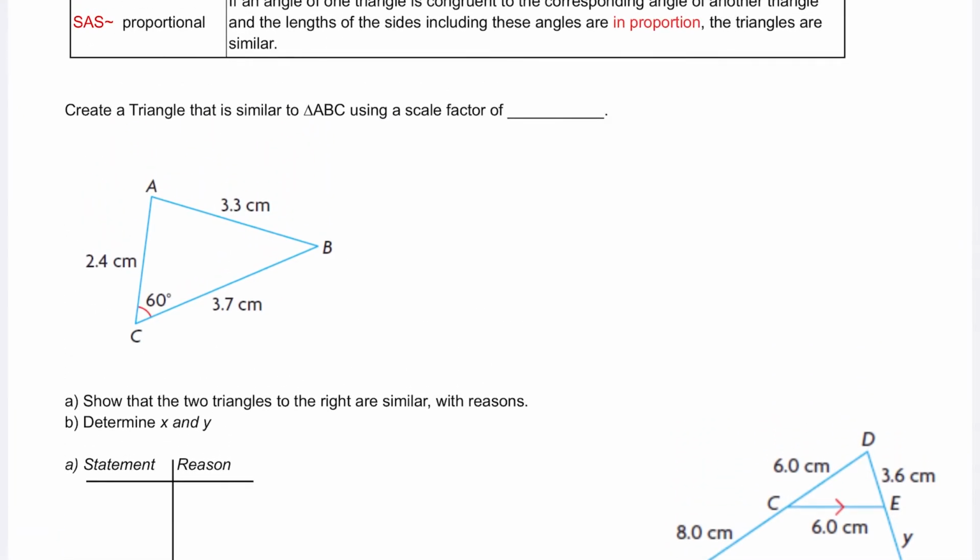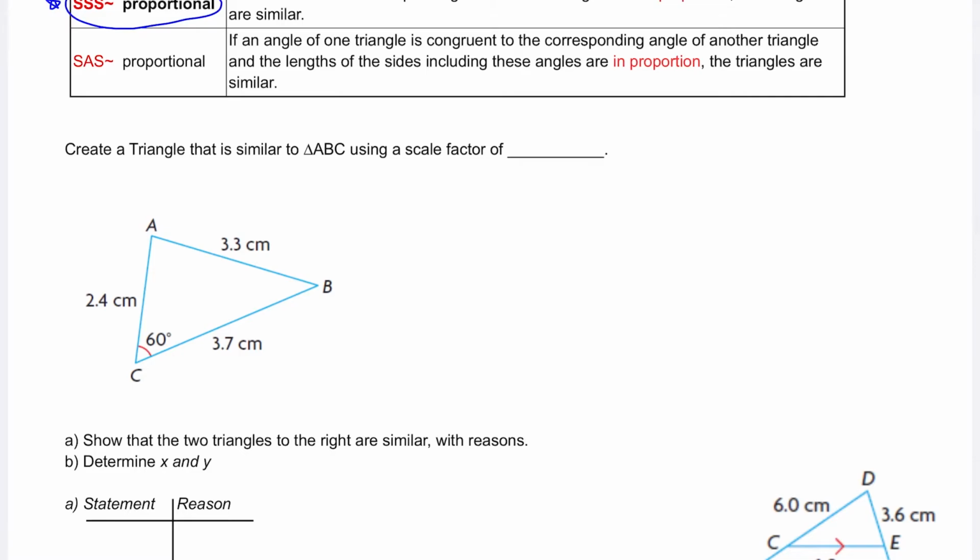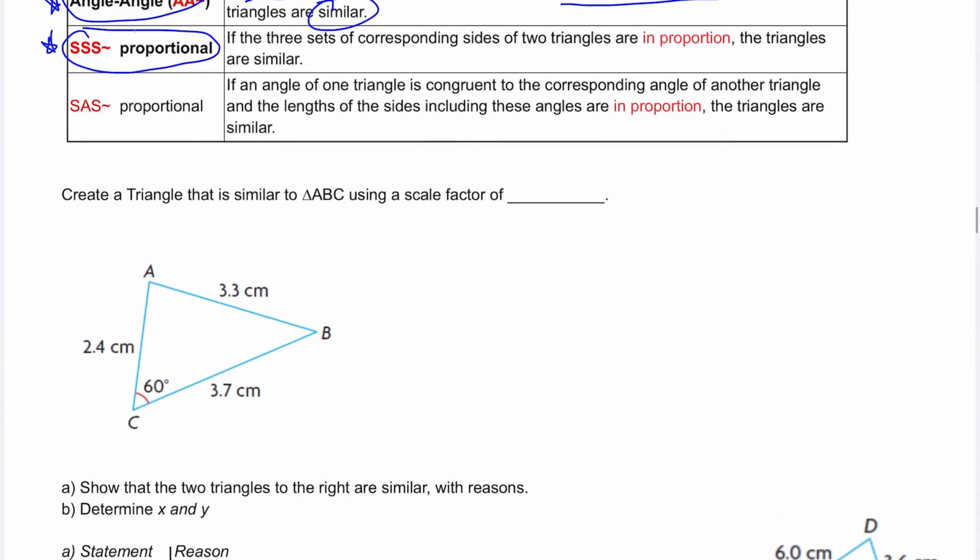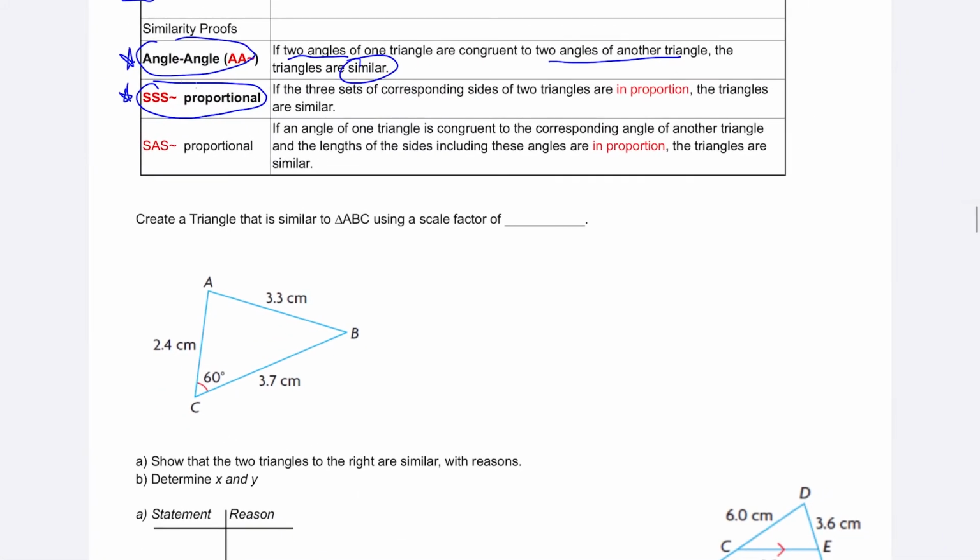Create a triangle that is similar to triangle ABC using a scale factor of, and we'll just make it 2. Make it nice and simple. So we're going to make a triangle that is similar, and I'm not going to draw it really nicely because that puts too much pressure on me. Okay, we'll call this X, Y, and Z, and that's pretty bad.